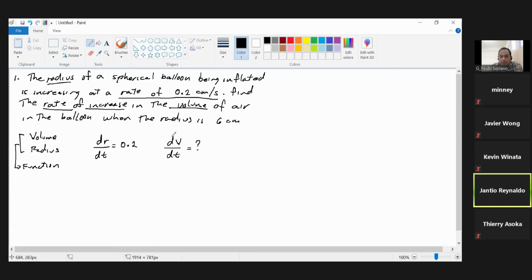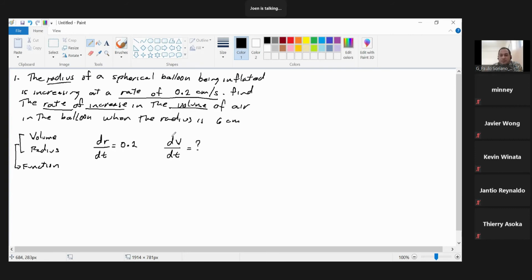We need to get dV per dr. But what function are we going to differentiate?